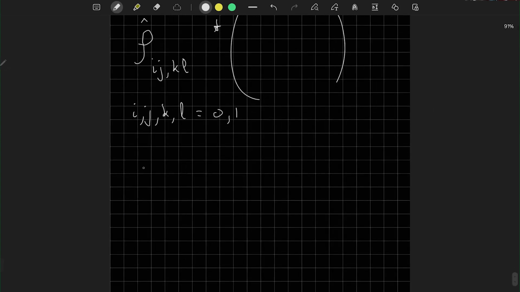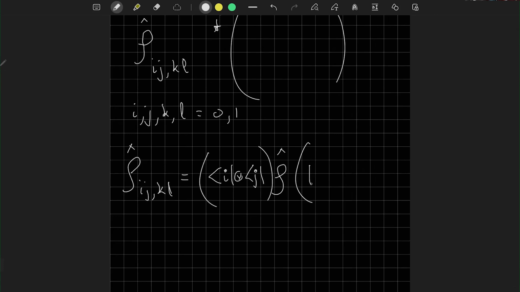So you know quantum mechanics already. So the I, J, K, Lth element of the density operator is given by rho, bra I tensor with J, ket K tensor with L. This is one element of the density operator.